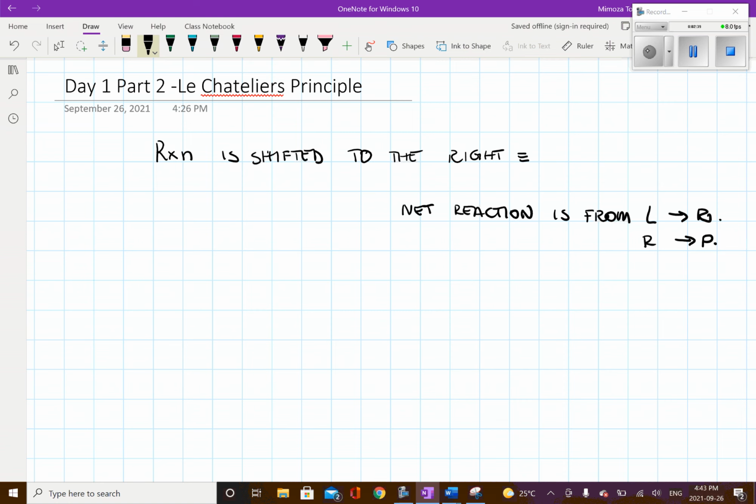Okay, so let's talk about the Le Chatelier principle. As you guess, he's French. For simplicity, we are calling it LCP, so every time that we say LCP, we mean the Le Chatelier principle.